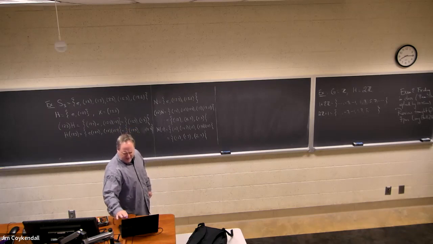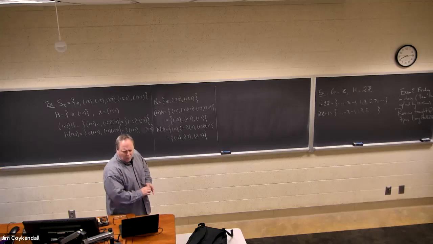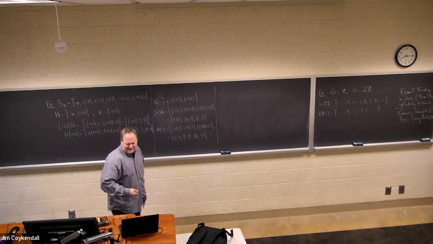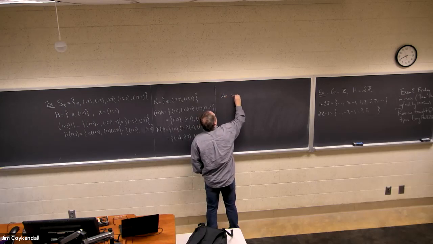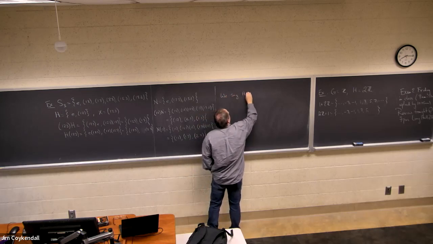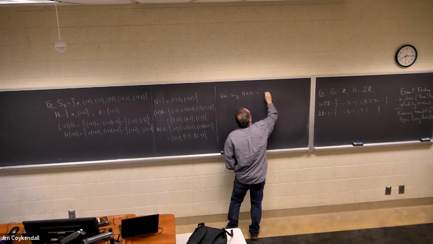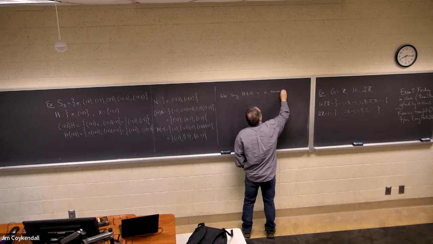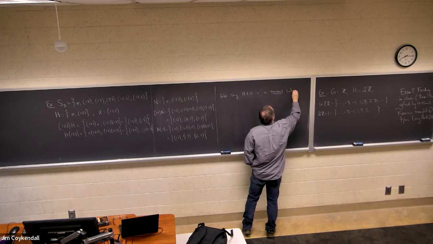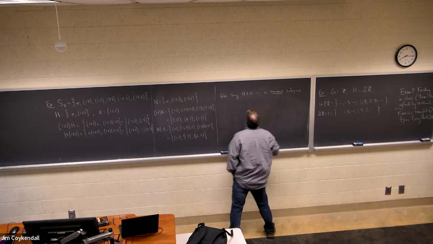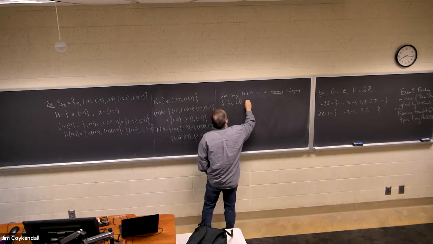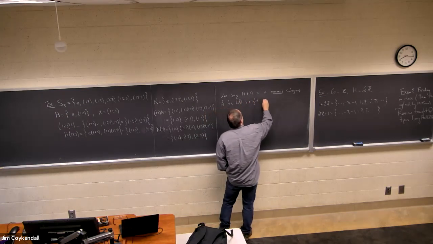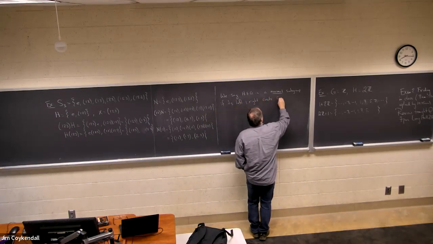Let me give you a definition. We say H in G is a normal subgroup if its left and right cosets coincide.